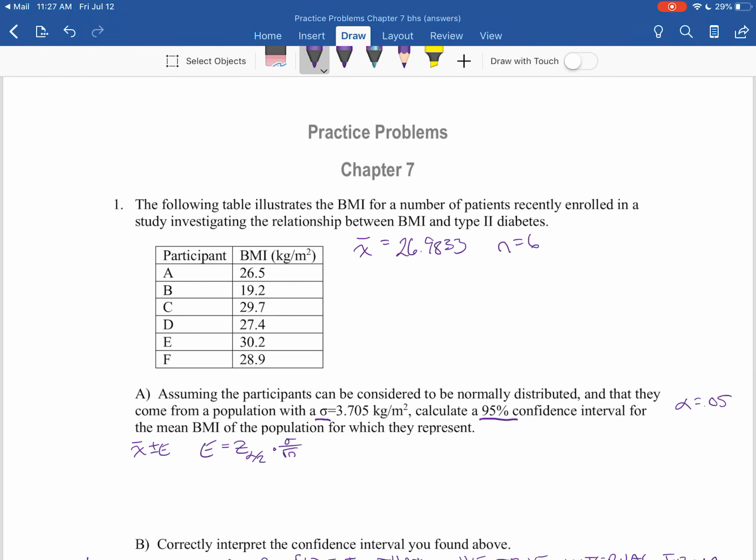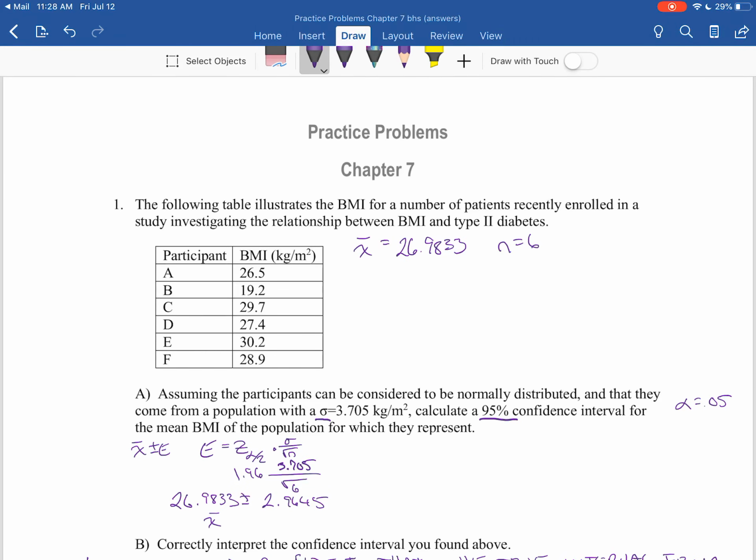Our z of alpha over 2 for 95% is one of those values you could probably write down right on the side. It's going to be 1.96. Standard deviation given to us here is 3.705 divided by the square root of n, calculated above, 6. When we write all this out, we're going to get 26.9833 plus or minus 2.9645.